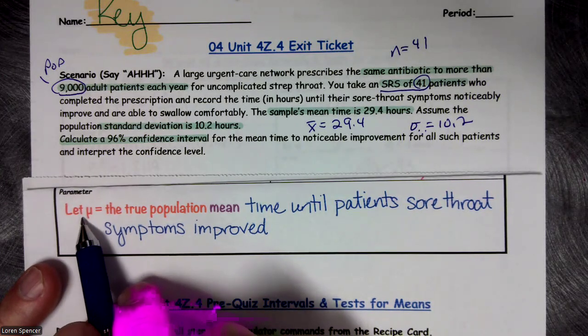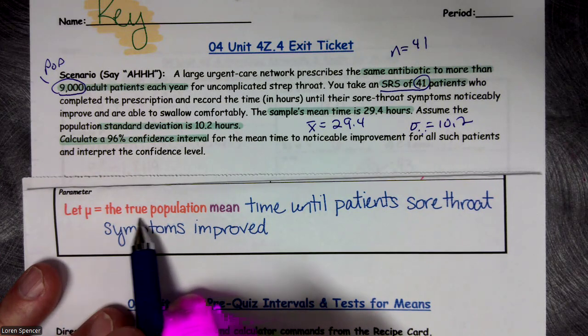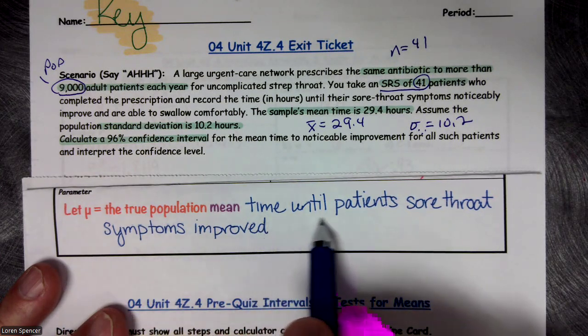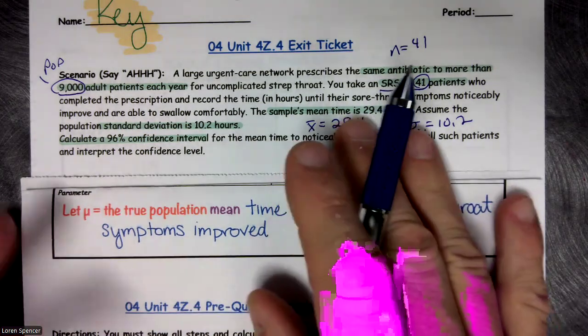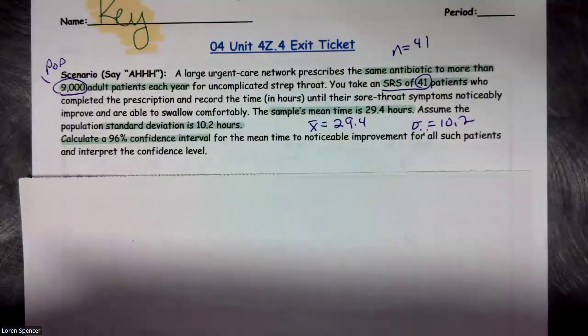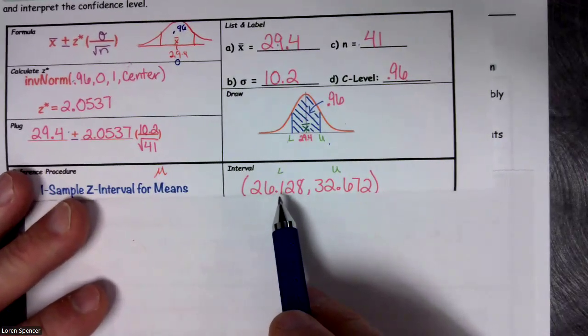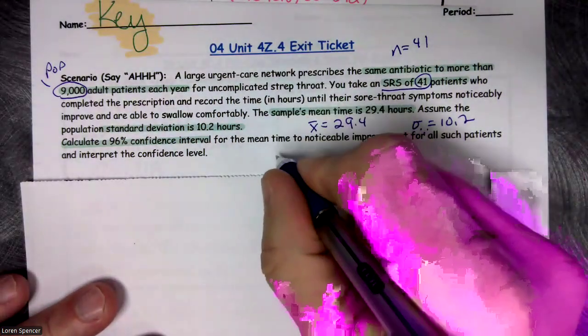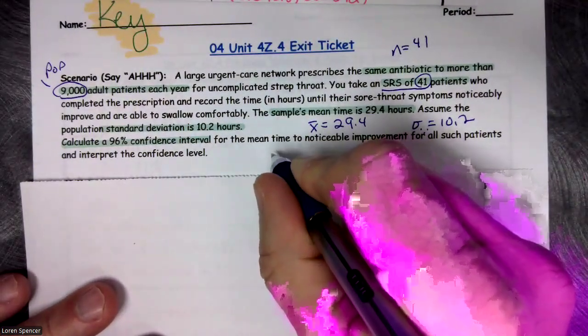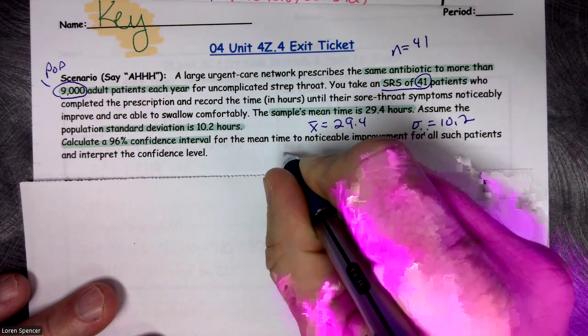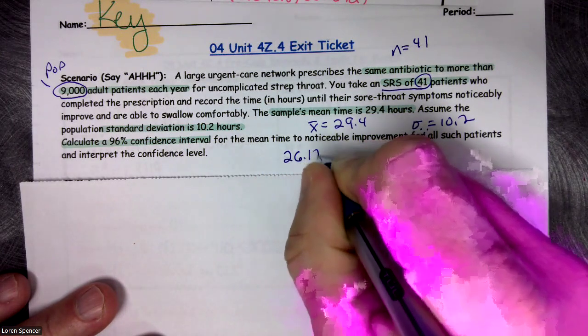We're going to go back to our parameter because we're going to need this. Let mu equal the true population mean time until patient sore throat symptoms improved. When we actually ran this in our warm-up, we got a confidence interval of 26.128 and 32.672. I'm going to write that down. So our interval is 26.128.